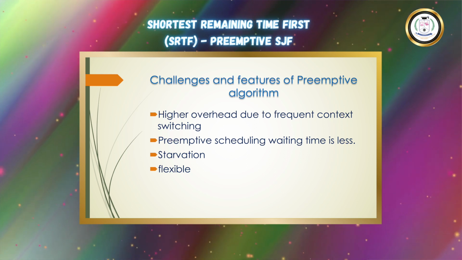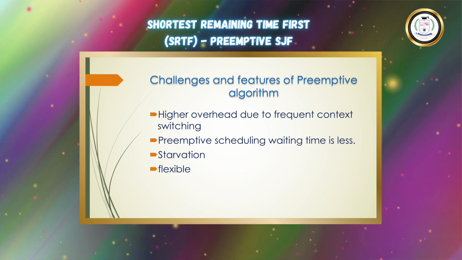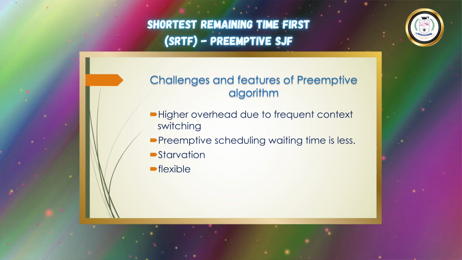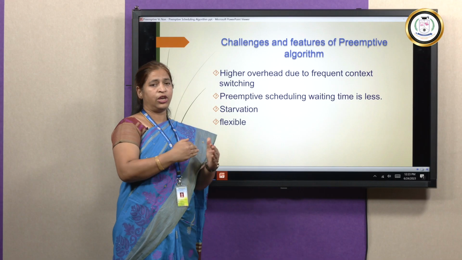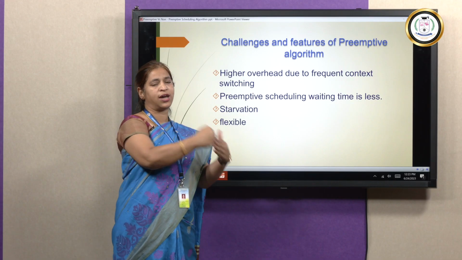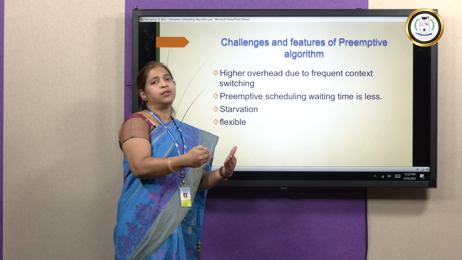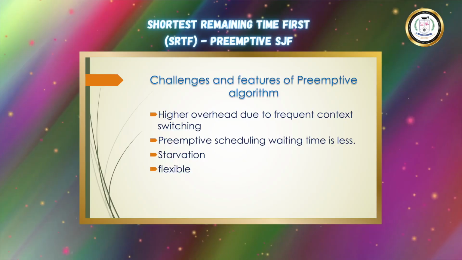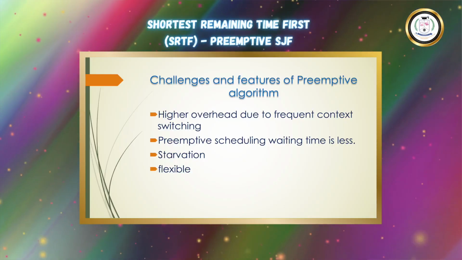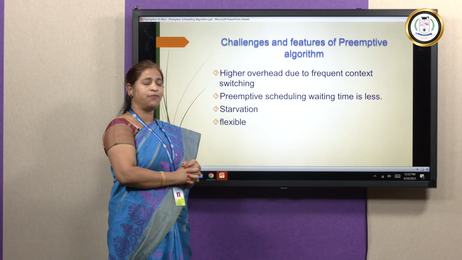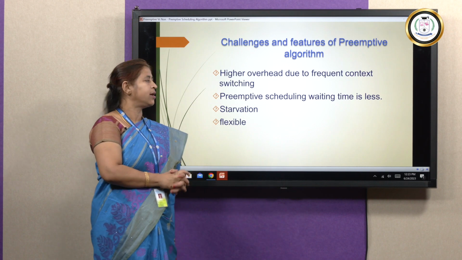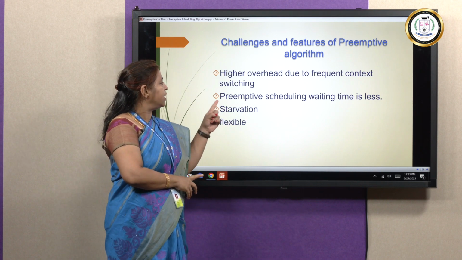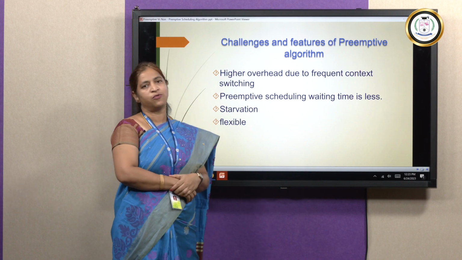The challenges and features of the preemptive algorithm. You have higher overhead due to frequent context switching. We need to switch from one process to another whenever a lower burst time process enters. In preemptive scheduling, waiting time is less. When you compare the average waiting time with non-preemptive scheduling, the average waiting time is less in preemptive scheduling.